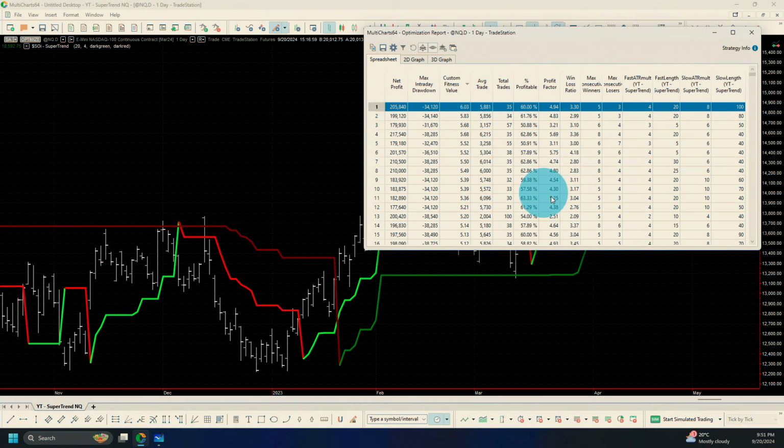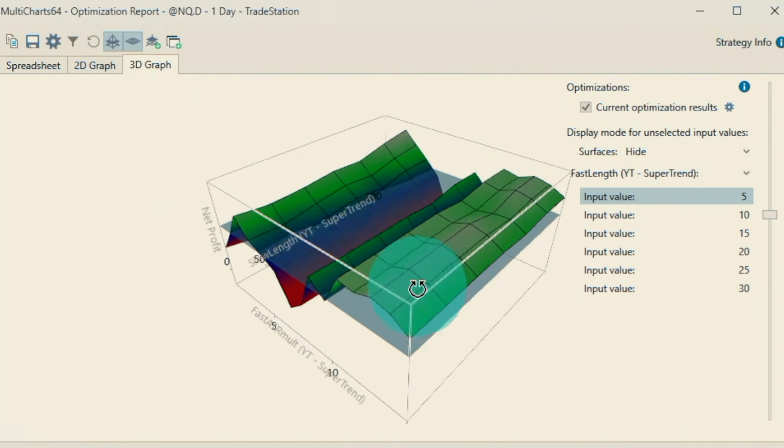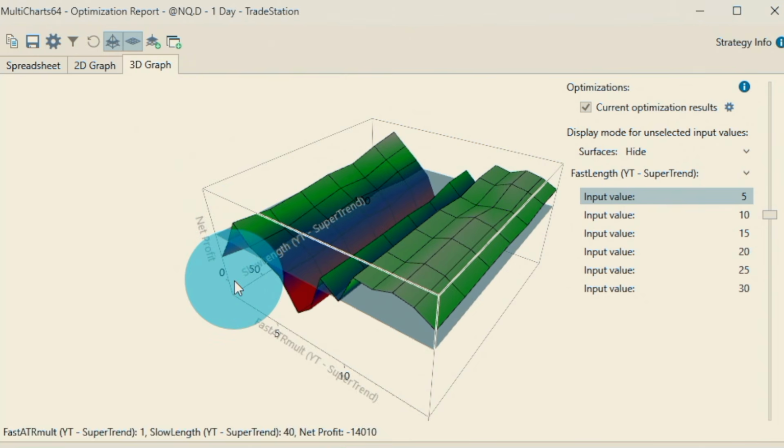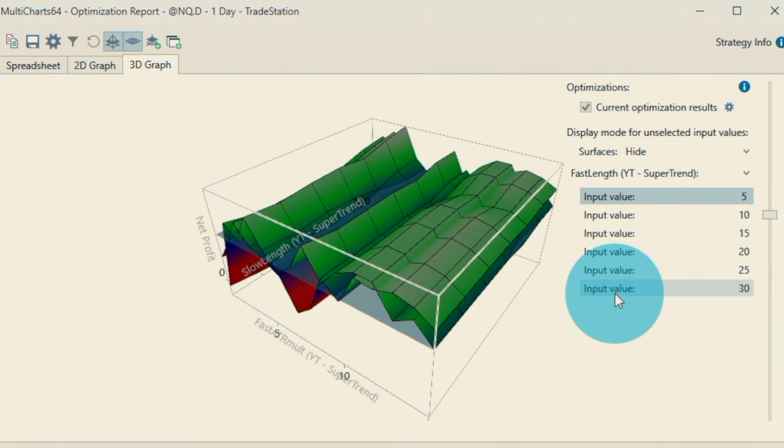This is the result of the optimization, and we can see now we have 4 variables, and this will be hard to see in a 3D graph because the y-axis is the net profit, and then x and y are 2 variables, and this is the third, but we're still missing the fourth.